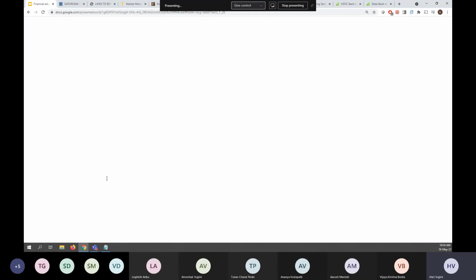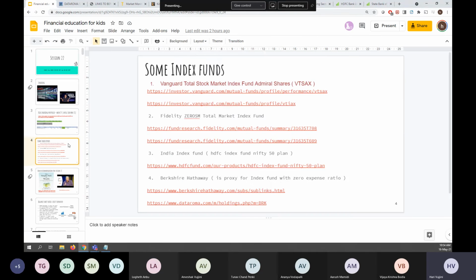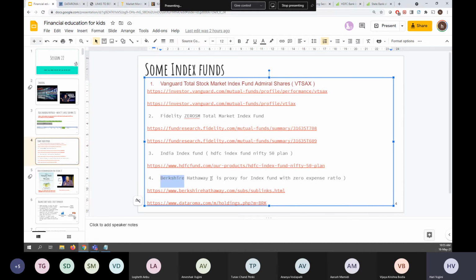Okay, if I go back to the slide, I showed you all the different options. I want to show you one other option. If you want to buy an index fund, you could also buy this company called Berkshire Hathaway. It's also like an index fund.